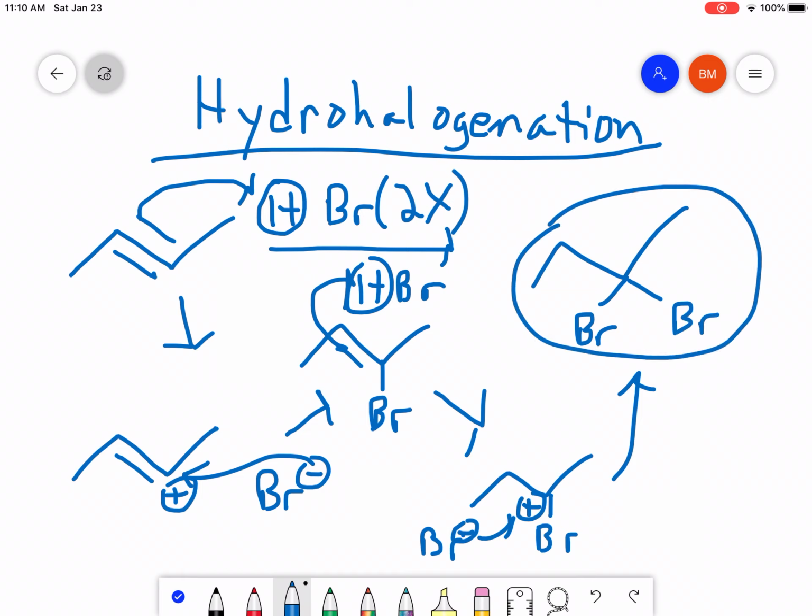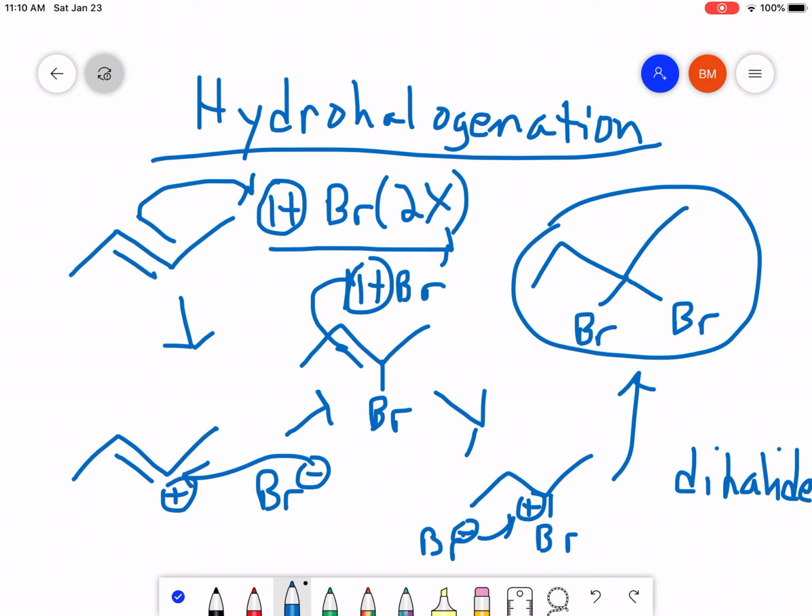All right, so you see, within the triple bond, one of the carbons gets 2 H's, one of the carbons gets 2 halides. This is called a dihalide because it's got 2 halogens. It's a very specific type of dihalide, though, because it's got the halogens on the same carbon.